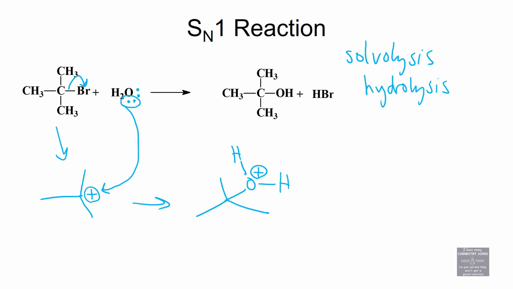Okay. So water attacks the carbocation, leaves me this intermediate, and then water comes to clean up the mess, just like it did before. It's nice that this step, this step, and this kind of product are something we've totally seen before.